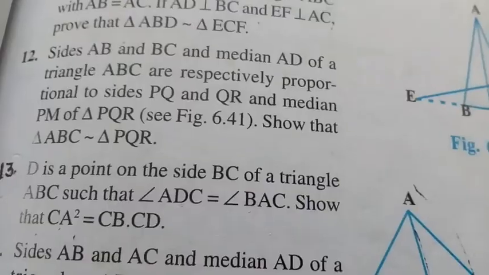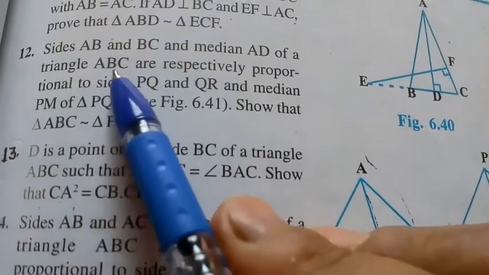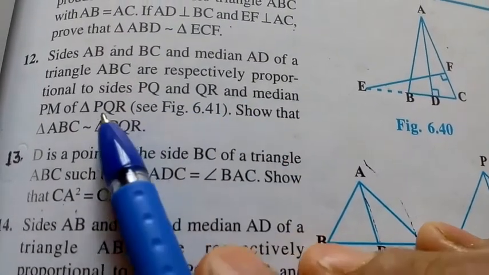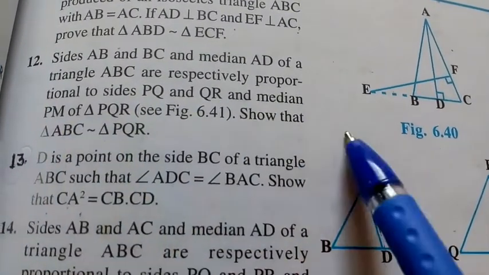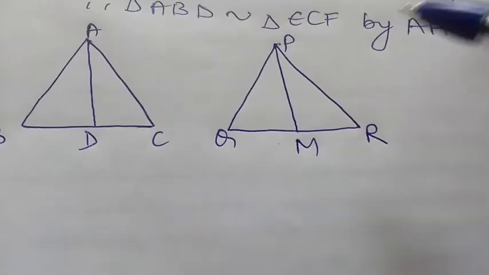Next question. The sides AB, BC and median AD of triangle ABC are respectively proportional to the sides PQ, QR and median PM of triangle PQR. Show that triangle ABC is similar to triangle PQR.